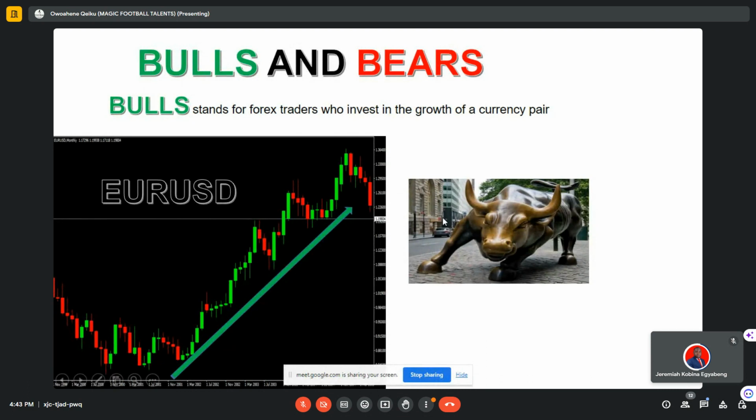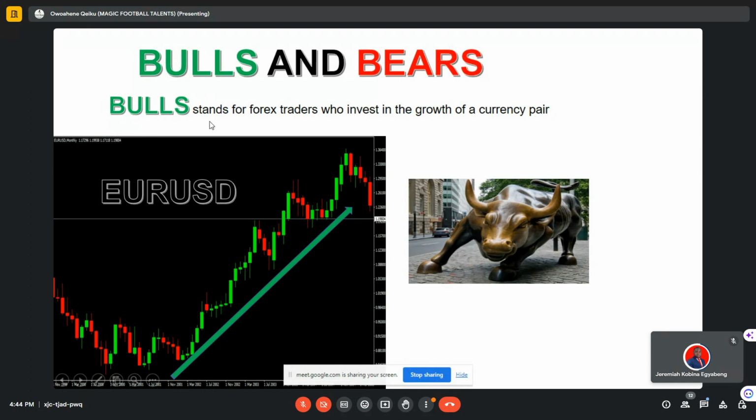Your bulls and bears: a bullish market is one where a buyer, a bull, is dominant. A bear market is when the market is going from the top down. So bulls and bears represent the direction of the market.